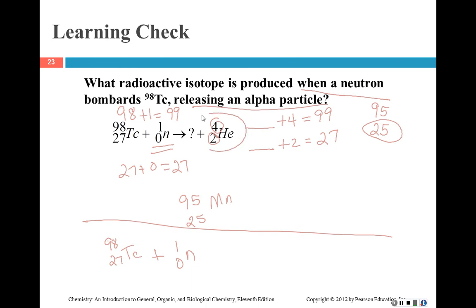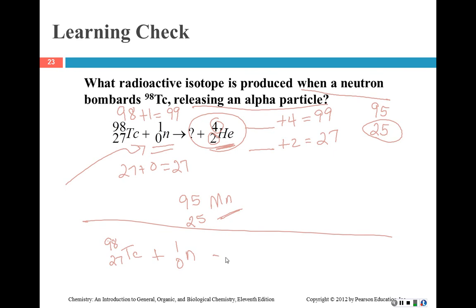That's why we got this on this side. So, yeah, you're probably sitting there thinking, she has lost her mind. So we added a neutron. We used the neutron to bombard with, and then we produced an alpha particle and whatever this new manganese is. Basically, you just do these little numbers when you have them.